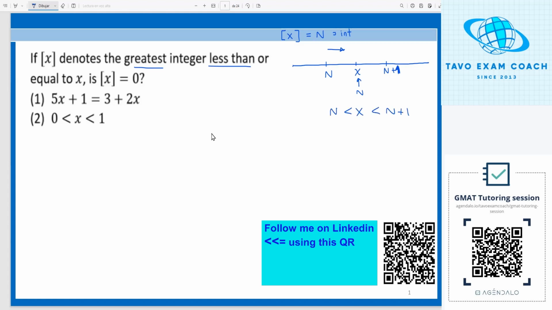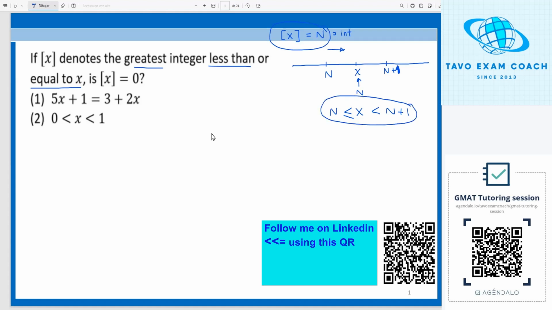But since we need to consider also the possibility that this integer N is equal to x, we need to consider this symbol here. That is, x might be N. If we have translated the definition of this operator in this way, then saying this is exactly the same as saying this.